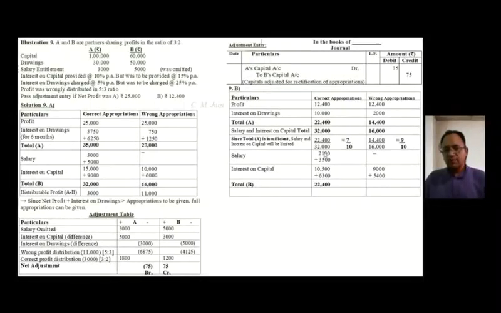If the total of appropriations to be given comes the same as the amount of profit plus interest on drawings, in this case, when appropriations were limited, it means our calculations are correct. Similarly, in case of wrong appropriations, 9,000 plus 5,400, 14,400, again the same as the amount of profit and interest on drawings we had.